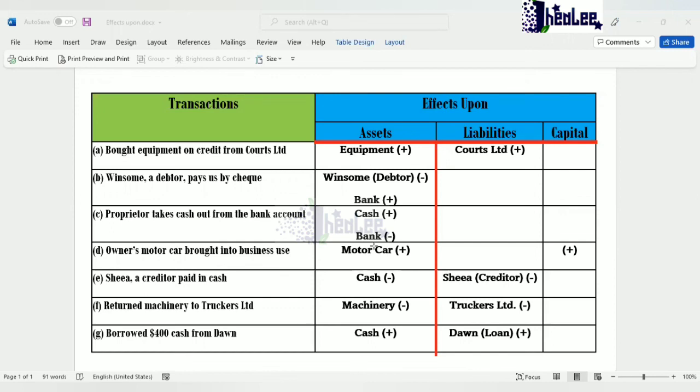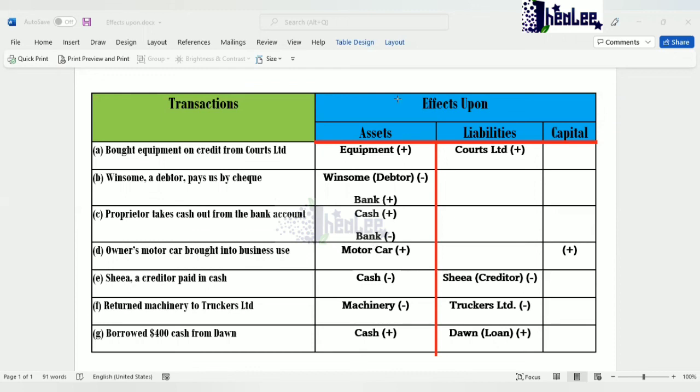If it is that you have two items from one side that is affected, like for example, your assets, it means that one will be increasing and one is decreasing. Because at the end of the day, your total assets must be equal to your total of capital and liabilities.